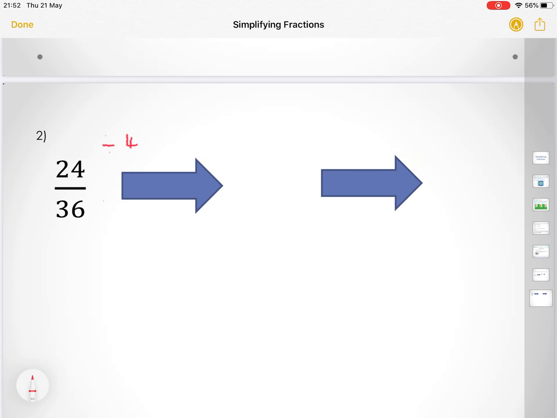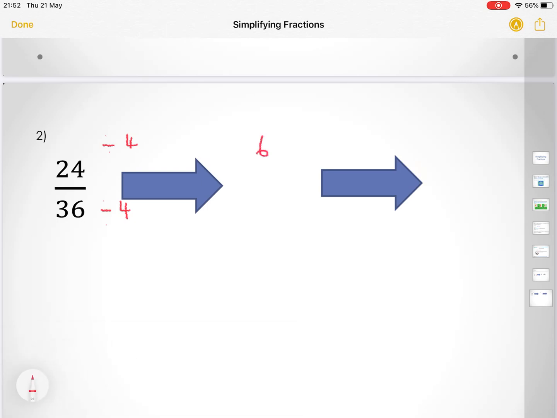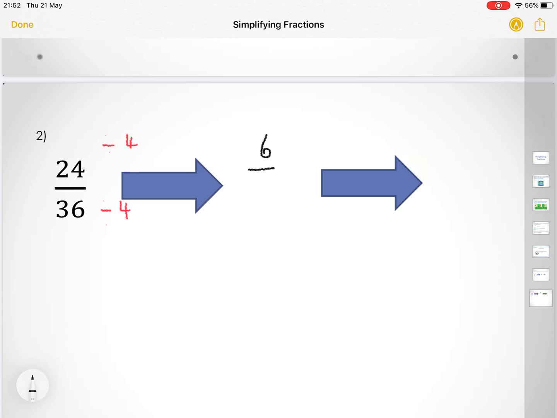And the 36 I'm going to divide again also by 4. 24 divided by 4, it's 6. Thirty-six divided by 4, it's 9. I look at the fraction 6 ninths. Can it be divided by one particular number further? Yes, 6 and 9 are both multiples of 3.